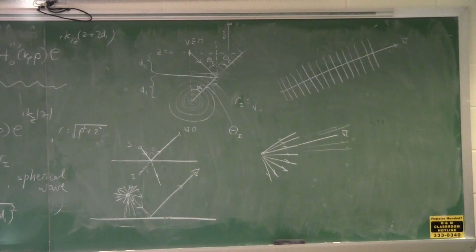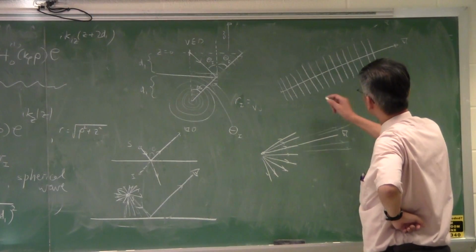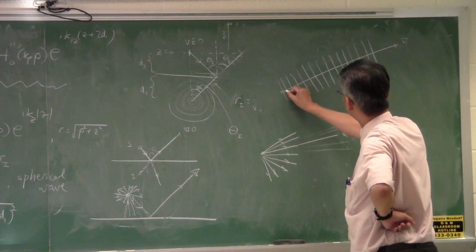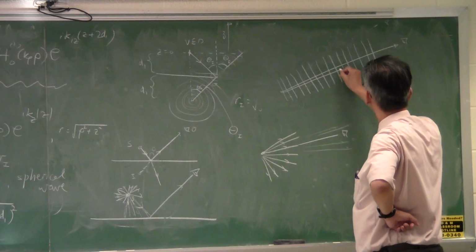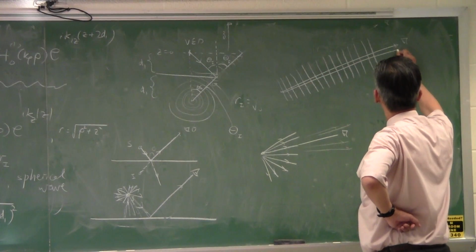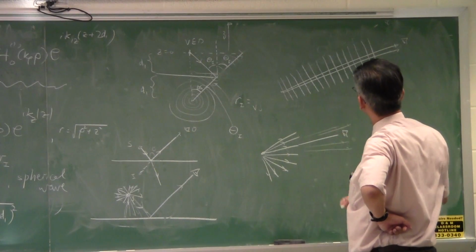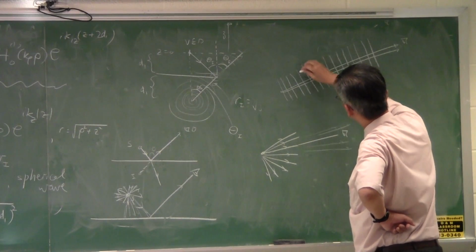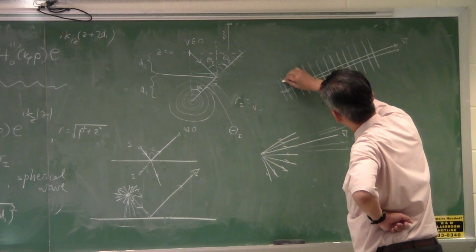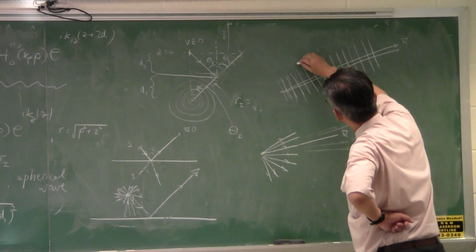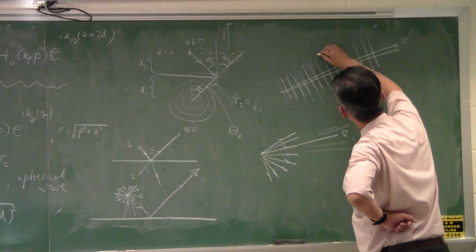Let's see how we can see this. If I have a plane wave, and a second plane wave that is very close to this one, and I draw the constant phase front, it's going to look something like this.